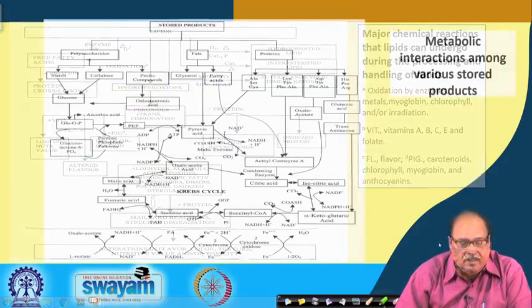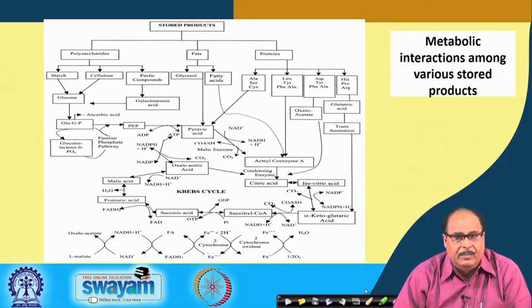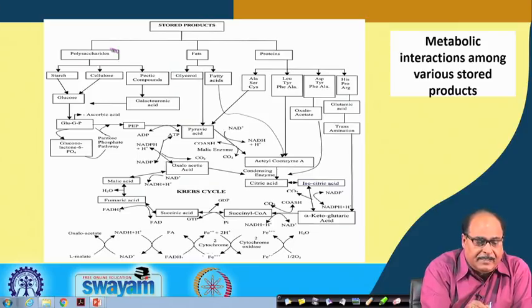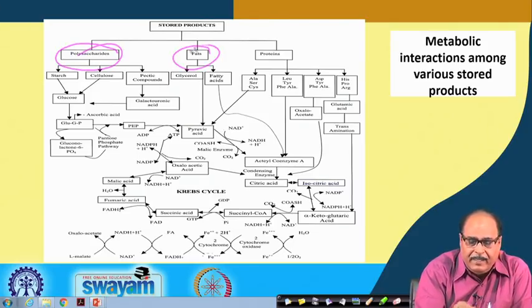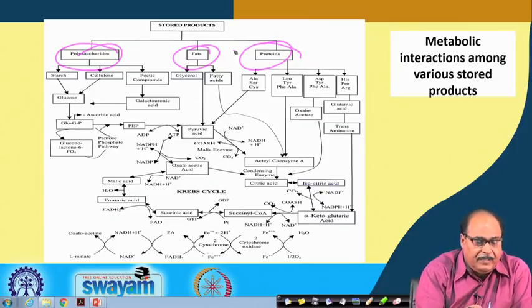This slide again shows the interaction between the major components of the food material during handling or storage, and the major components, as you can see, are polysaccharides, fats and proteins. These polysaccharides, depending upon the factors available, may be broken into various components.